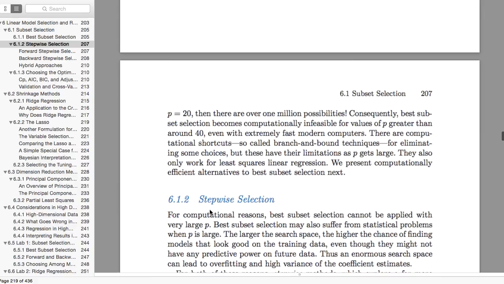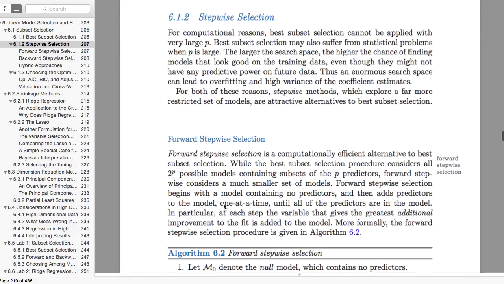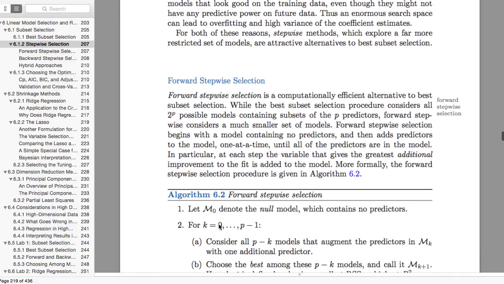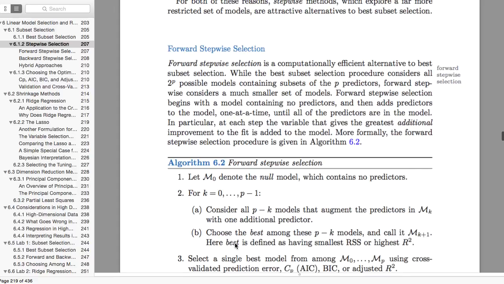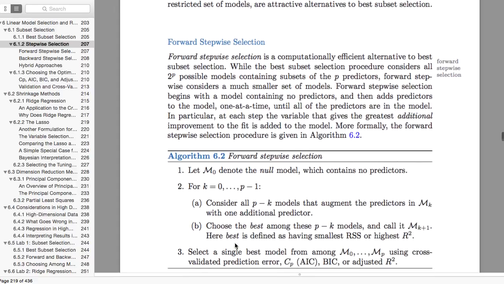The other thing that we can do is stepwise selection, and we can proceed either forward or backwards. In forward stepwise selection, we keep adding predictors, potentially up to p predictors, and running the regression or whatever model fitting technique we're going to use for each one of these.